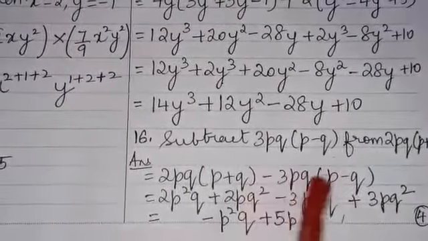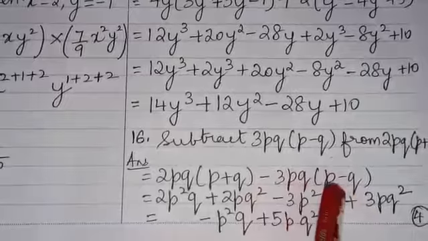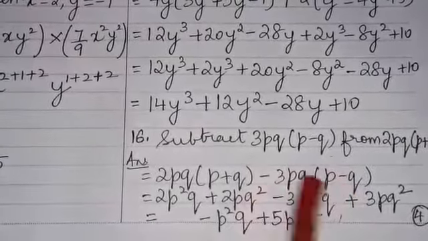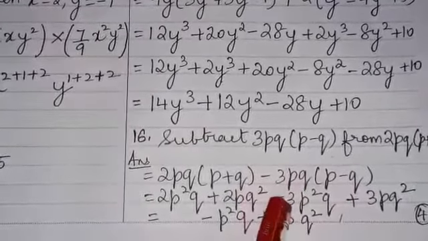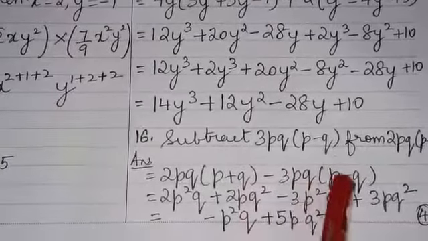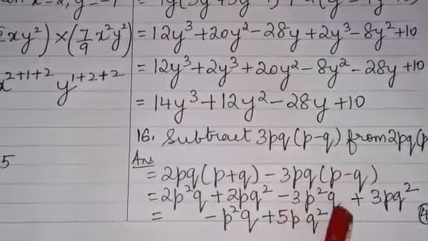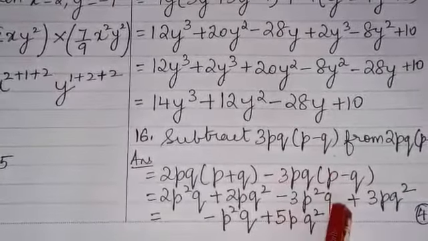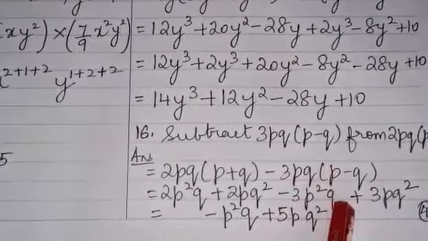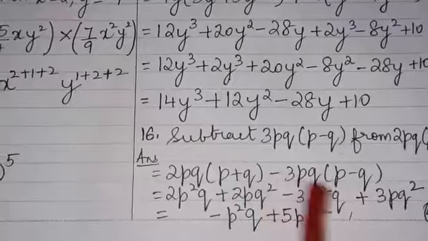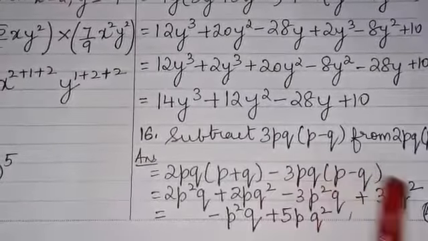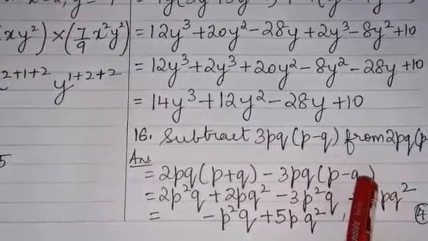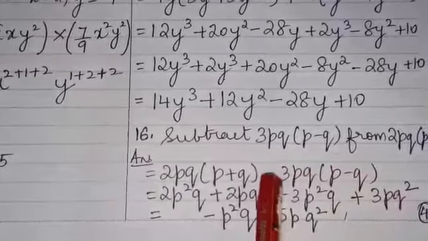So when we have to multiply 3pq and p, we first multiply their signs, minus into plus, minus. 3pq into p is 3p square q, because p into p is p square. So minus 3p square q. Again, when we need to multiply 3pq and q, we first multiply their signs. Q has a minus sign, 3pq has a minus sign.